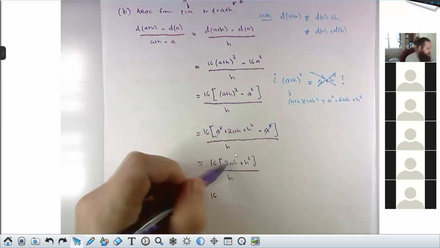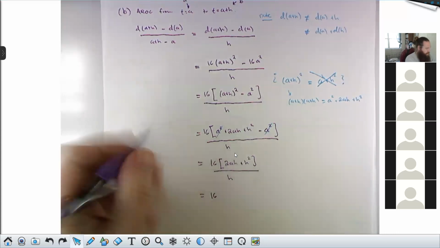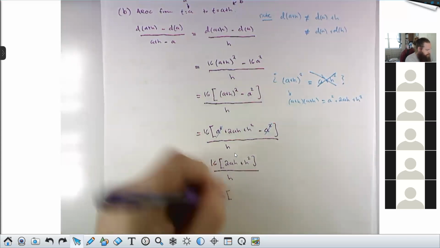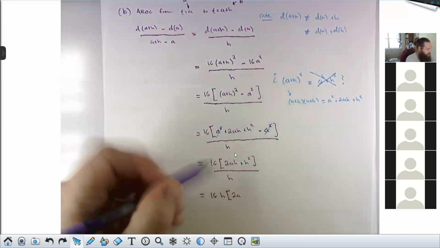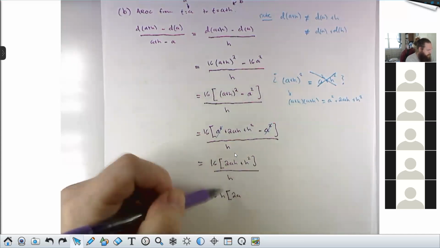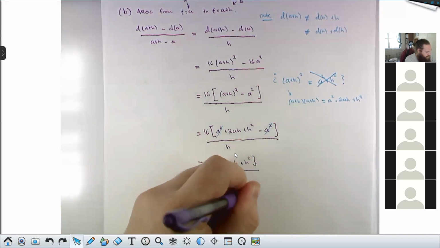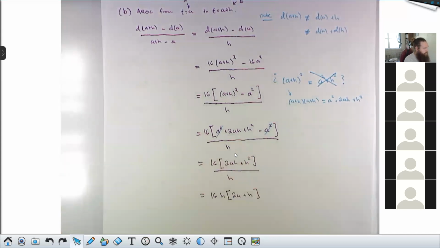And since both this and this have an h in them, I can factor an h, and what's left is going to be 2a plus h, right? If I were to redistribute this, 2a becomes 2ah. So this h I have factored out from this piece, right?